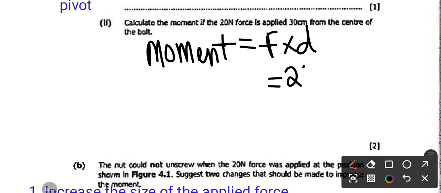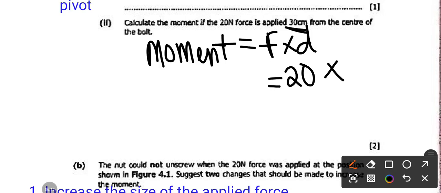The force is 20 newtons and the distance that we are given from the question is 30 centimeters. However, in physics, we are advised to use units that are in meters rather than in centimeters or kilometers or any other units.